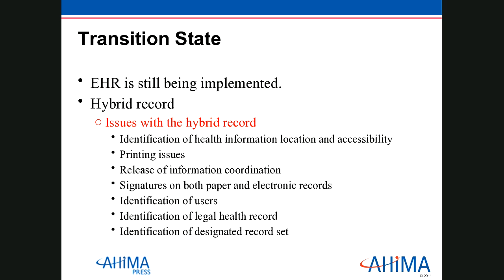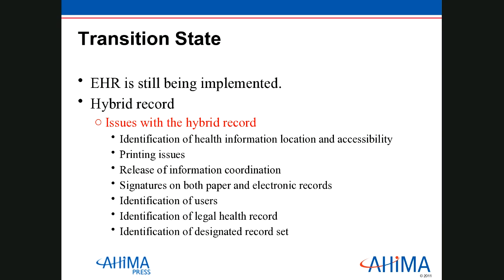Number one, who can print, where they can print, making sure that you have an audit trail of who is accessing what and printing what and where they're printing it and why. Release of information coordination, because you want to keep release of information confined to one area in the department.